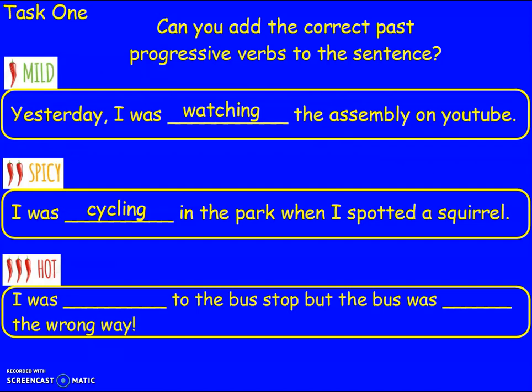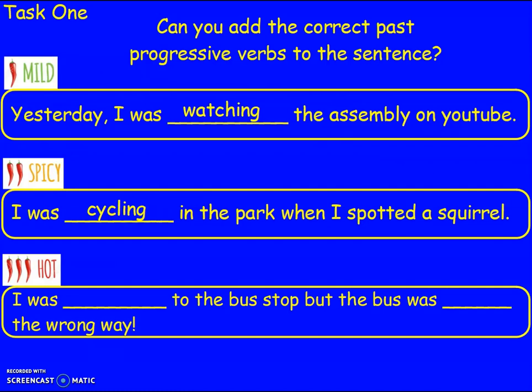So that shows a continuous doing word, the verb, the past progressive. If we were just talking in the past tense, we would say, I cycled in the park yesterday. Okay, so we would add the ed suffix, not the ing.